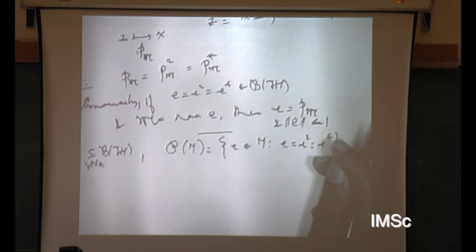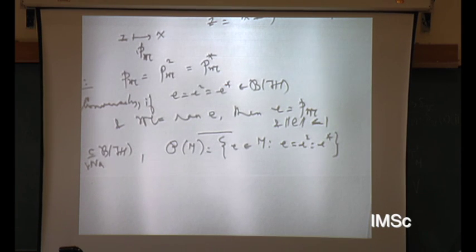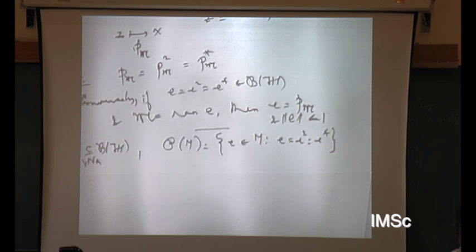Actually, it is equal to 1 unless it is 0, because vectors in M it will fix. So if it has non-zero fixed vectors, then the norm is at least 1.